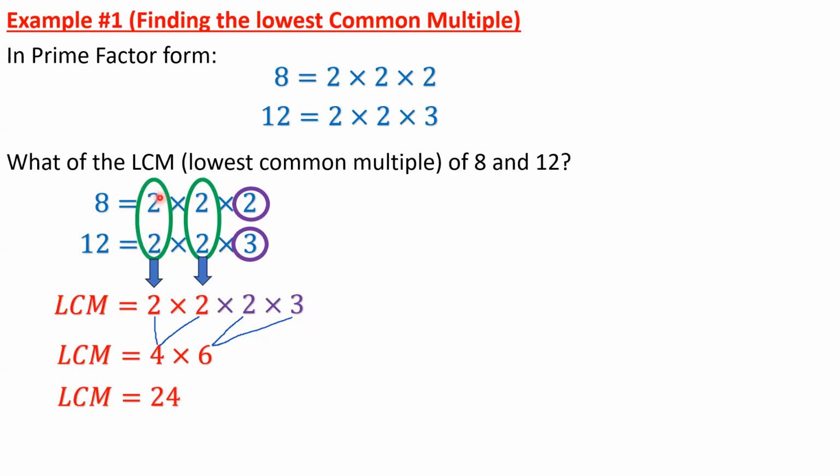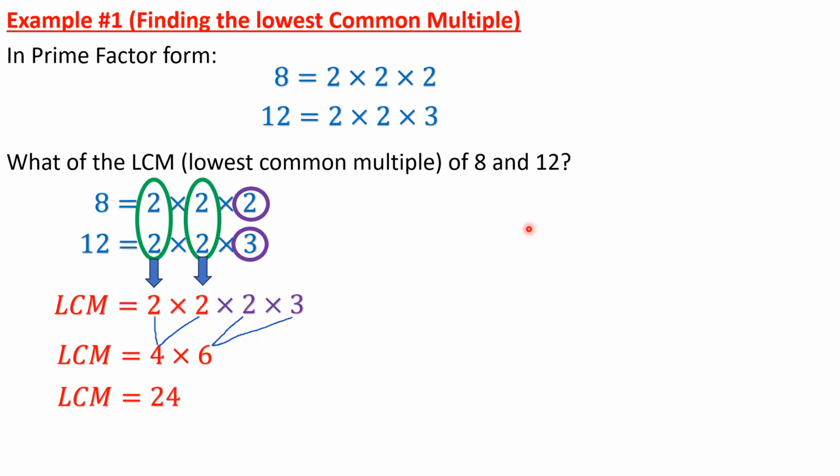And then after that, you would look for the lowest common multiple, which is 2 times 2, right? And then you would put the 2 times 3. And after that, you would multiply 2 times 2, which gives you 4, and multiply 2 times 3, which gives you 6. And you get 24 as your answer. Very good.